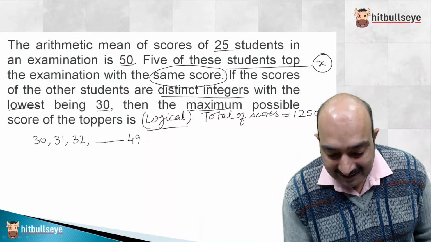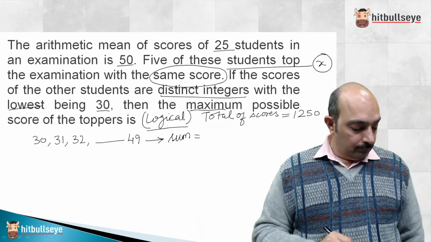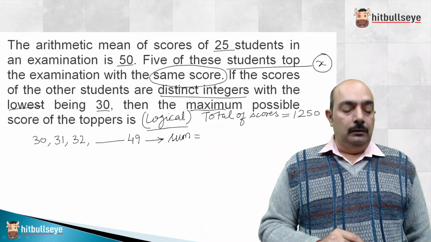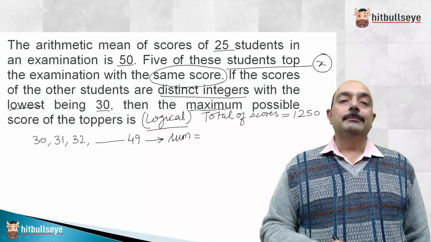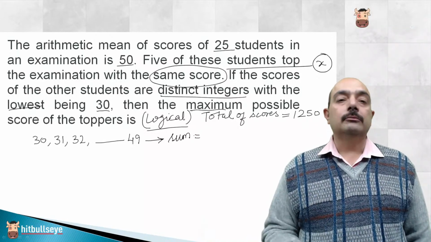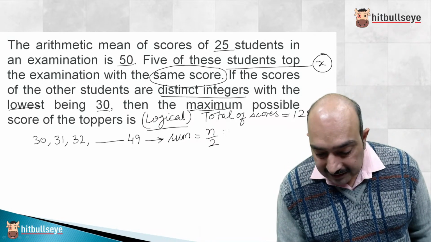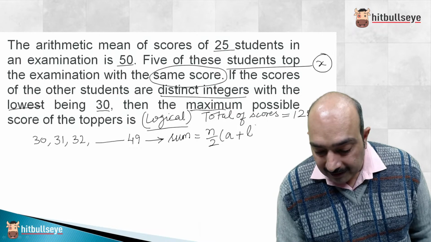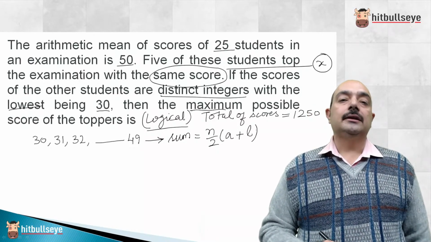Now we have to find their sum. What would be their sum? Here we use the basic formula for arithmetic progression, which we all know, that is n by 2 into a plus l, where a is the first term, l is the last term, n is the number of terms.